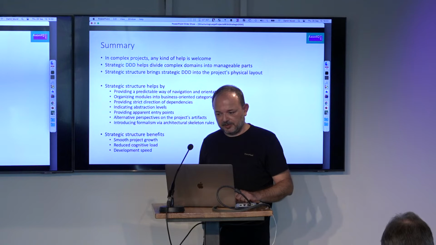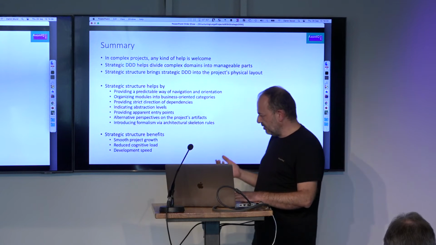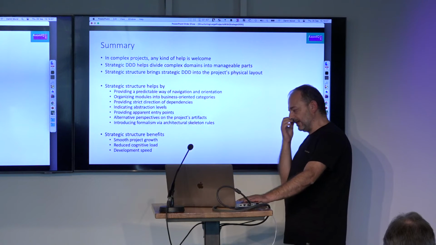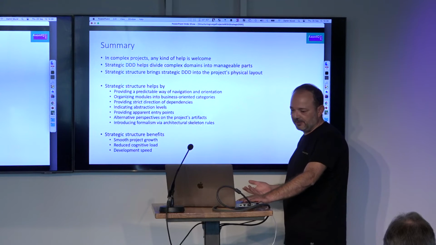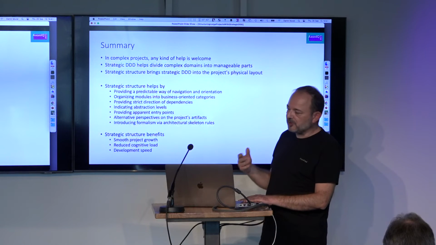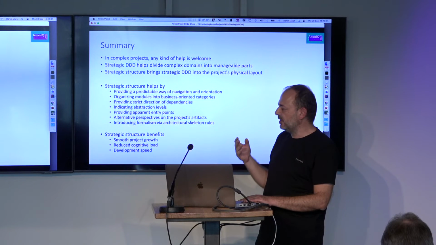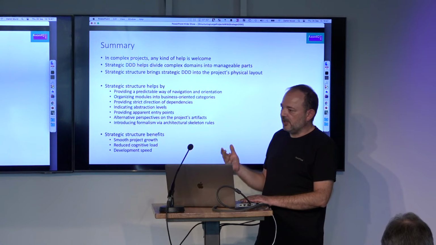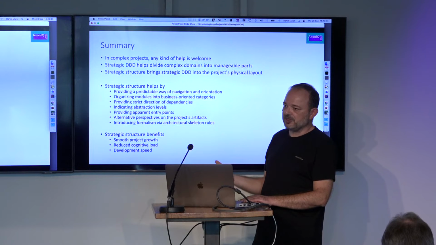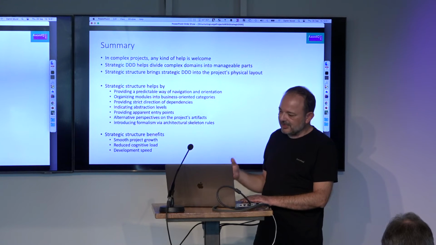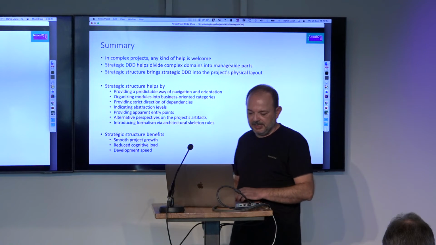Anyway, whatever you do, there are some benefits that you may expect. For example, support for much smoother project growth, where you should not be in fear anymore to add additional modules in your system. It should not increase complexity significantly.